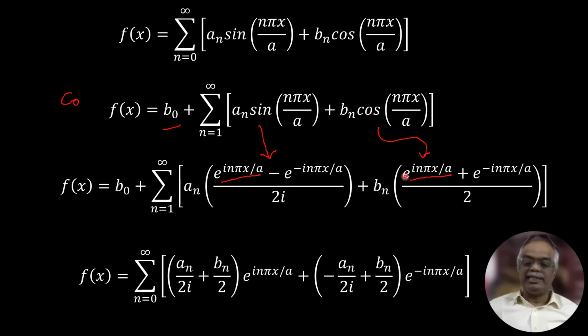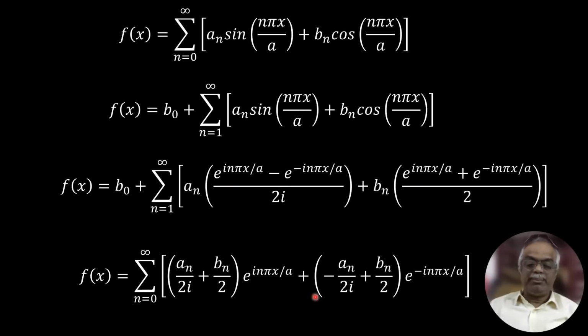Similarly for the negative term, if you combine these two with e^(minus i n pi x over a), the common term is minus a_n over 2i, plus b_n over 2. We will try to simplify this further.